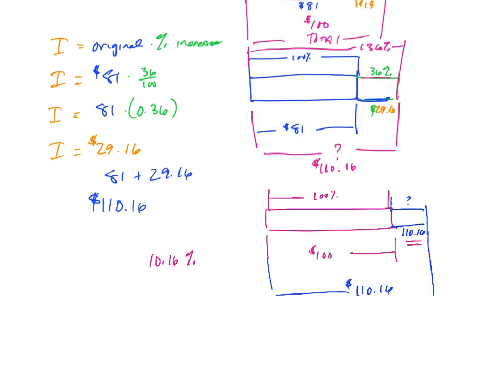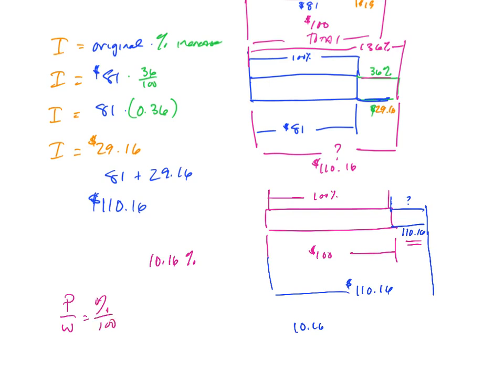Now, if you don't know how I just came up with that, well, how much was that increase? From $100 to $110.16, that's a $10.16 increase. And if we just look at part over whole equals percent, we just remember that the part over the whole equals the percent over 100.